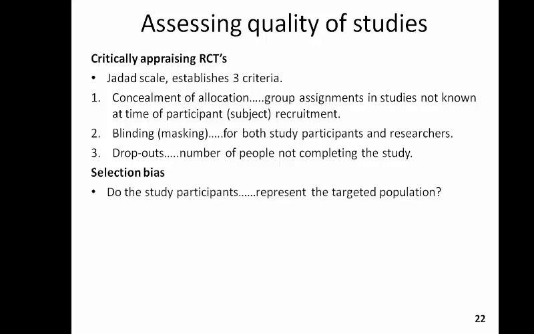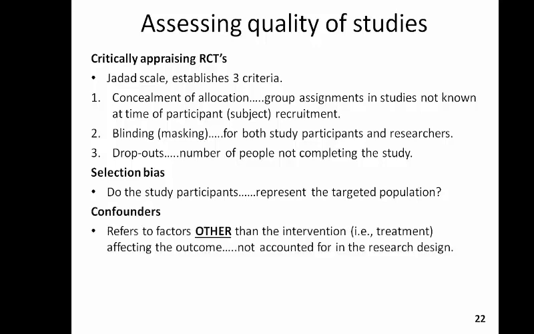In terms of selection bias, this deals with the participants entered into the study. And so do those research participants represent the targeted population? That's an important consideration when assessing the quality of the RCT, as well as evaluating what are called confounders.